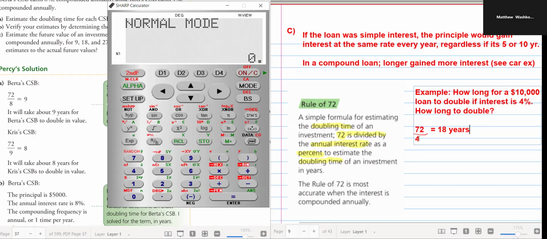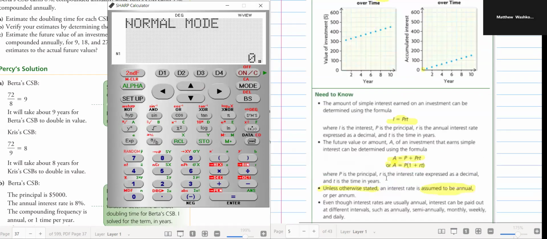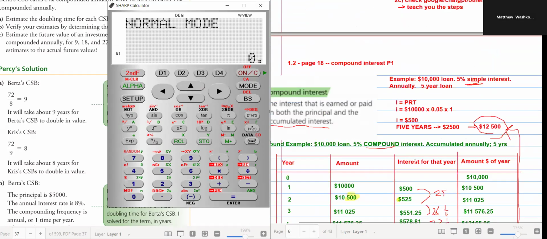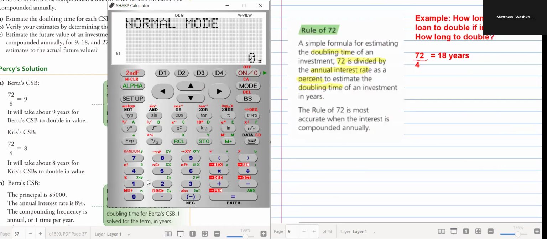Let's double check. I'm going to use one of my formulas here: A equals P(1 plus r)^t. So A equals P, a $10,000 loan, times 1 plus 0.04, that's the interest rate, to the power of 18 years.